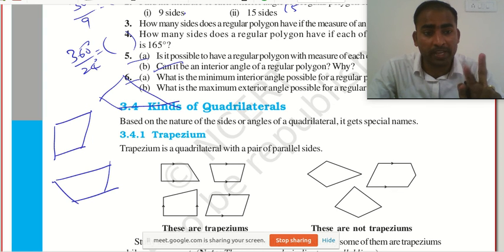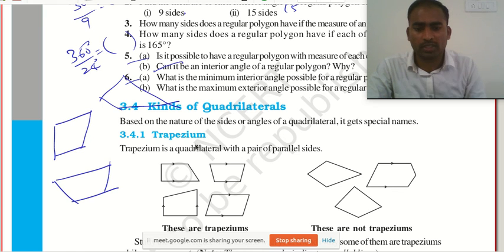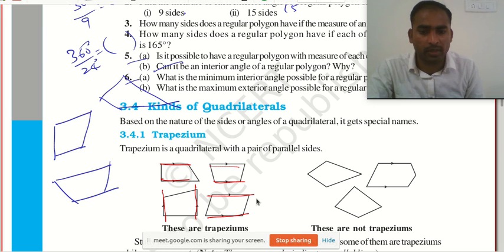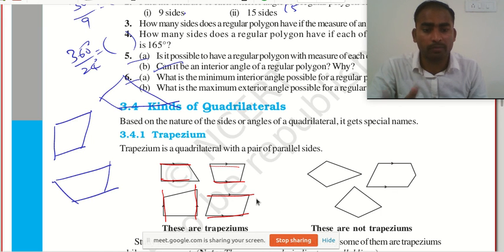It has a pair of parallel sides. So see in this example, this and this are parallel. Here this line segment and this line segment are parallel. Here this and this are parallel. Understood? Minimum a pair of sides has to be parallel.